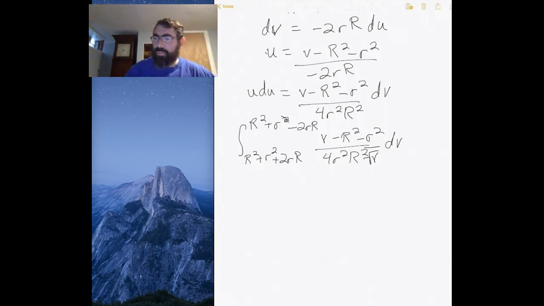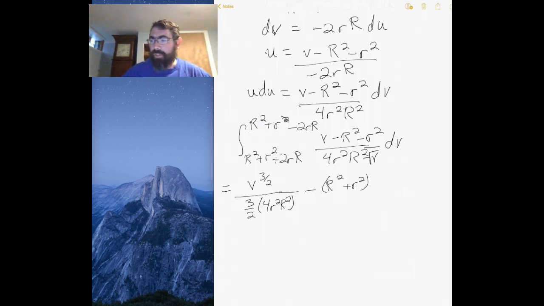When we solve it, the solution to this integral is v to the 3/2 power over 3/2 times 4 R squared r squared, minus the square root of v over 4 little r squared big R squared times 1/2.